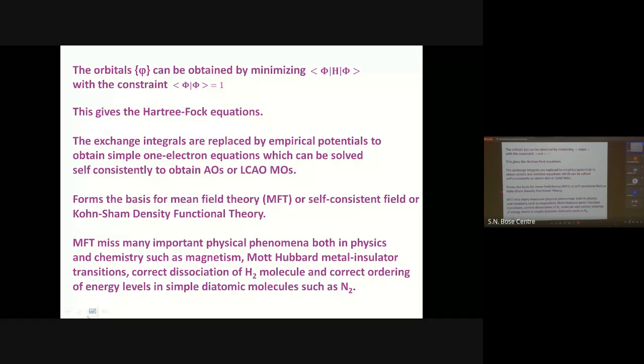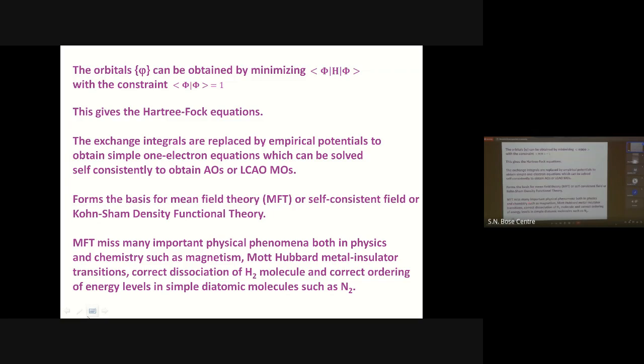And actually, this forms the basis for mean field theory, self-consistent field, or Kohn-Sham density functional theory. So Kohn-Sham density functional theory, as it is implemented, is like Hartree-Fock with empirical potentials, which are actually functionals designed to give the best results for given situations.